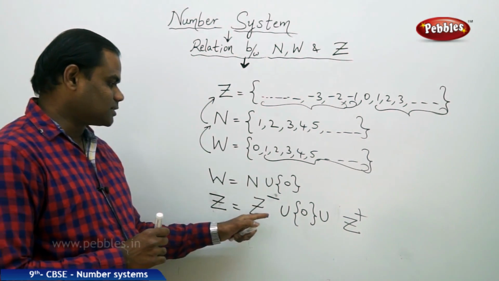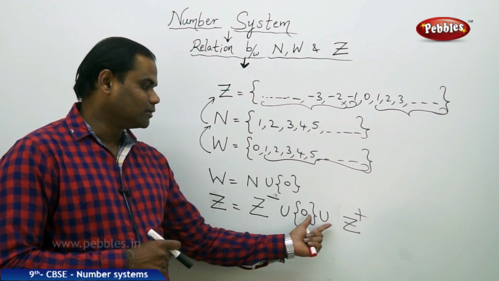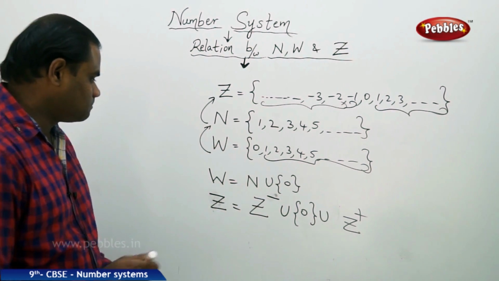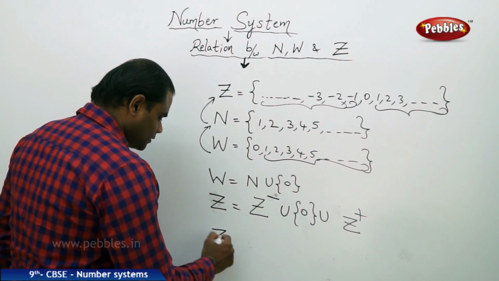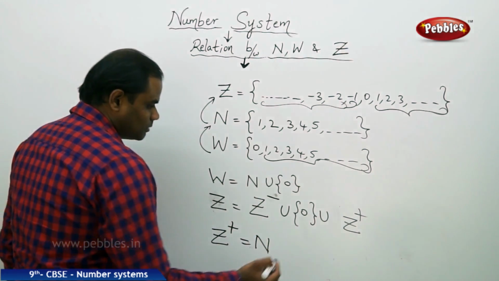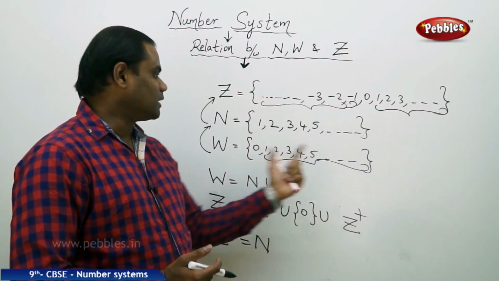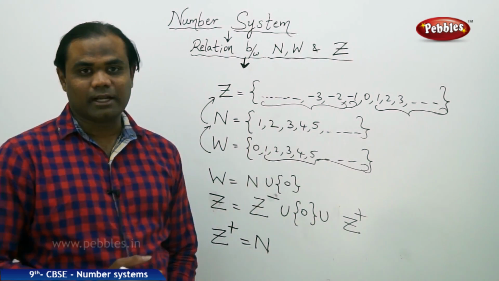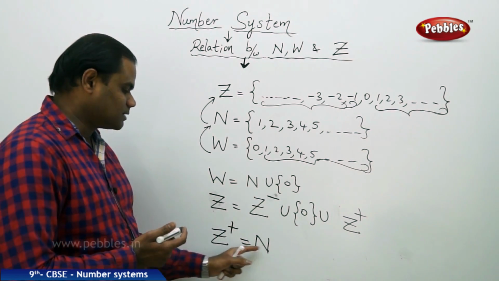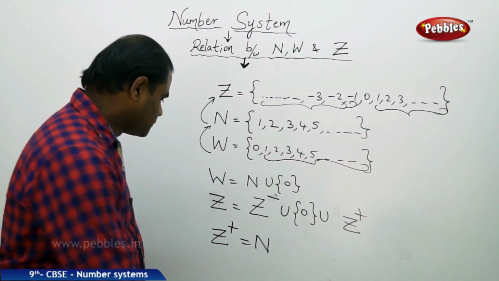Now the set of integers is the union of the set of negative integers, union singleton 0, and union the set of positive integers. With this, I clearly see that the set of natural numbers is nothing but the set of positive integers, because we clearly see the natural numbers matching with Z plus, as Z plus is 1, 2, 3, 4, 5 and the set of natural numbers is also 1, 2, 3, 4, 5 etc. So Z plus is N and Z minus is the set of all negative integers.